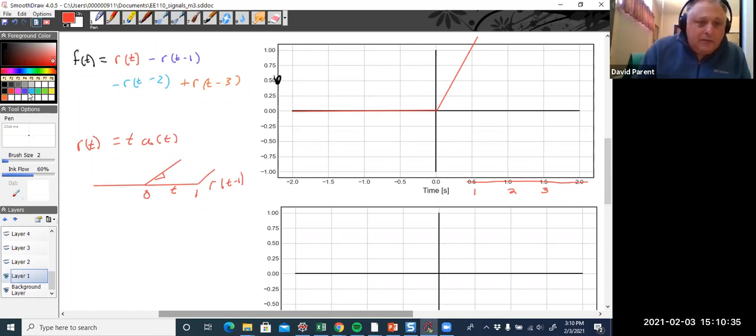Then we have this light blue, and at 1, it's going to be going down.